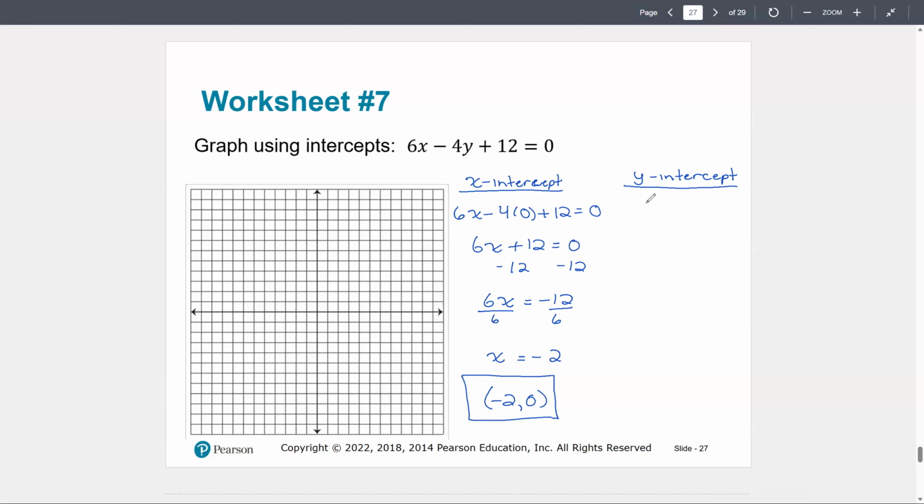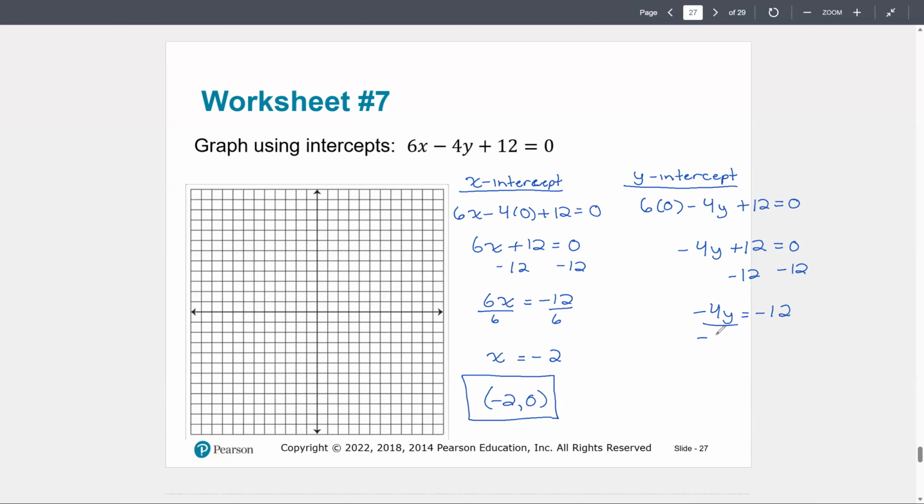Now y-intercept, I'm going to replace x with 0, so I'm going to have 6 times 0 minus 4 times y plus 12 equals 0. That's going to leave me with negative 4y plus 12 equals 0. Once again, if I subtract 12 from both sides, I end up with negative 4y equals negative 12.